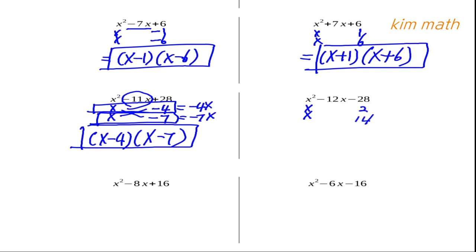Yes, with 2 and 14, by adding or subtracting, definitely we can make a -12. Now it's time to think about the sign. -28 means one of these two factors must be negative, and the sum of cross multiplication is -12 here, so this must be -14. Good. So factoring result, x plus 2, x minus 14. Good.